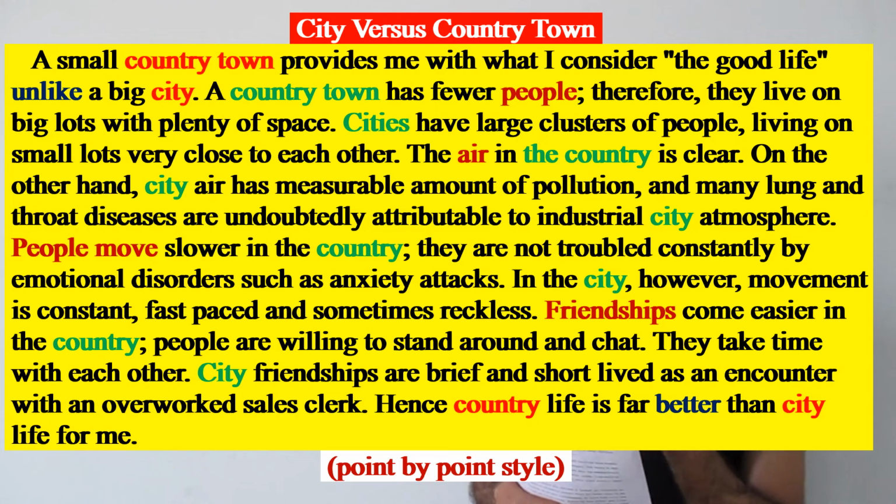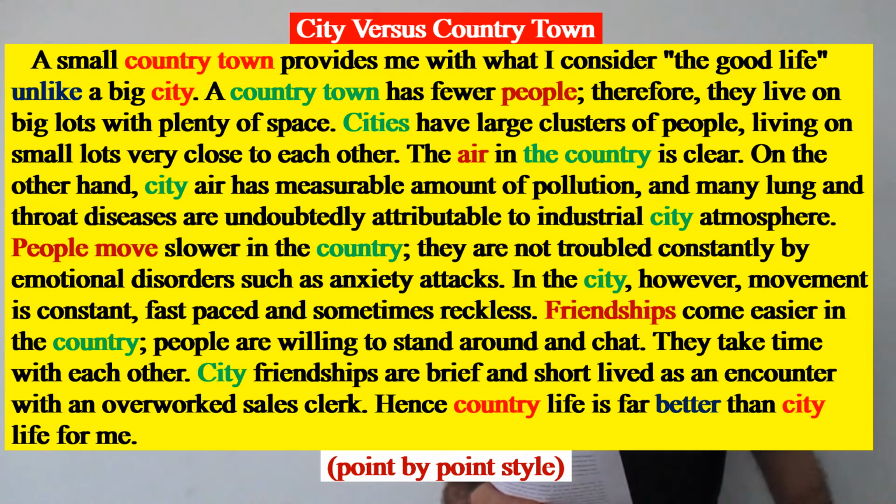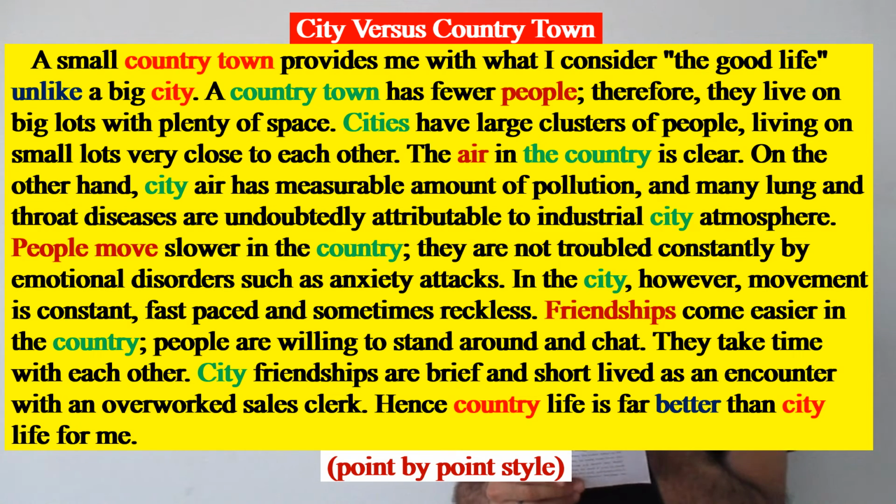Third, people move slower in the country. Slower, right? Here, the comparative form of comparison, right? Slower. In the country, they are not troubled constantly by emotional disorders such as anxiety attacks.